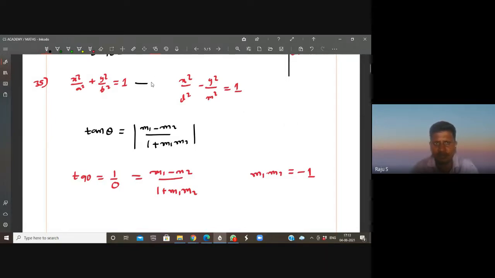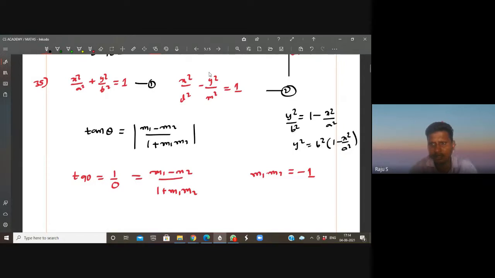We have to solve these two equations for finding the y square value. From the first equation, y square by b square is equal to 1 minus x square by a square. So y square is equal to b square into 1 minus x square by a square.